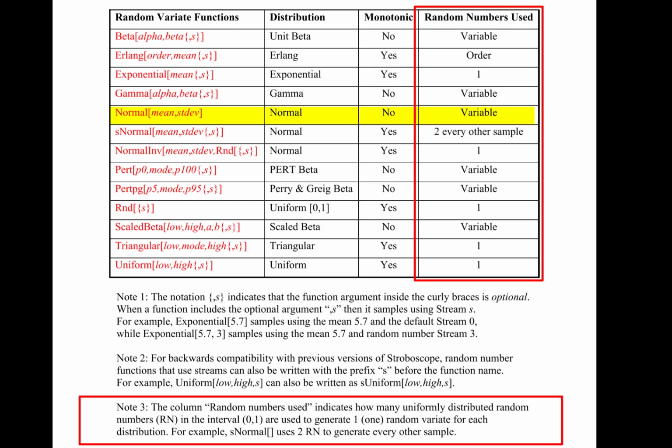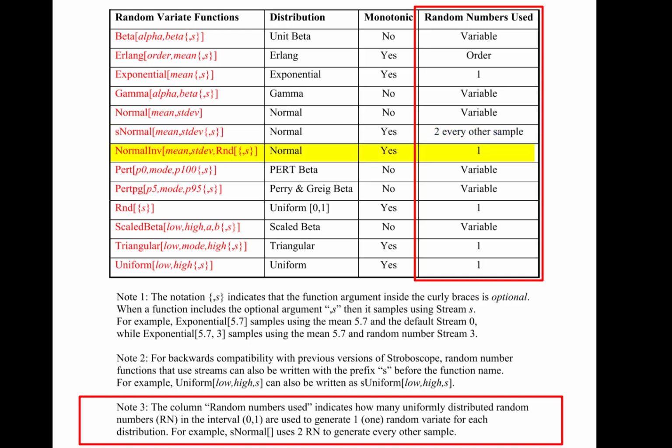For example, the normal function uses a variable number of random numbers between 0 and 1 to generate one variate from the normal distribution. The S-normal uses a different approach and uses two random numbers every other sample.